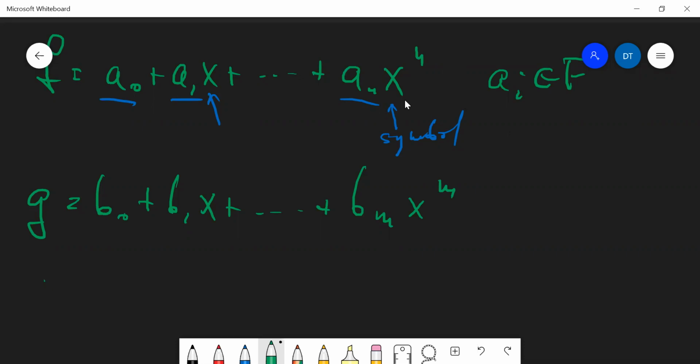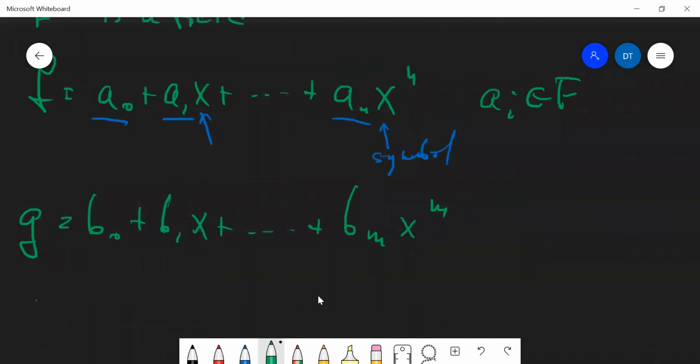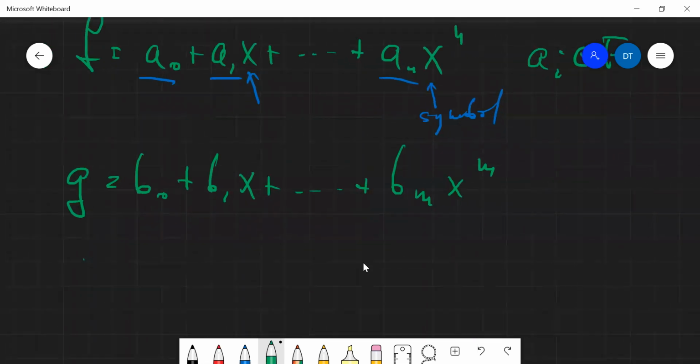So if I use a coefficient of a polynomial which is not here, it's automatically 0. This is our assumption, and this assumption will simplify all the formulas I will write later.